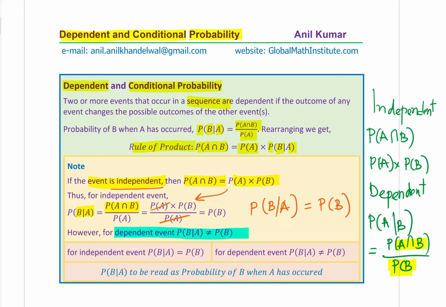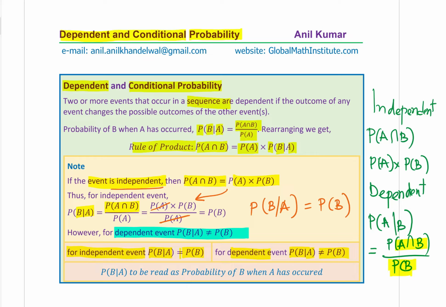Perfect. So I hope you find it very useful, right? Here I've summarized this for you. For independent events, probability of B when A has occurred is equal to probability of B. But for dependent events, probability of B when A has occurred is never equal to probability of B. Correct? It changes.